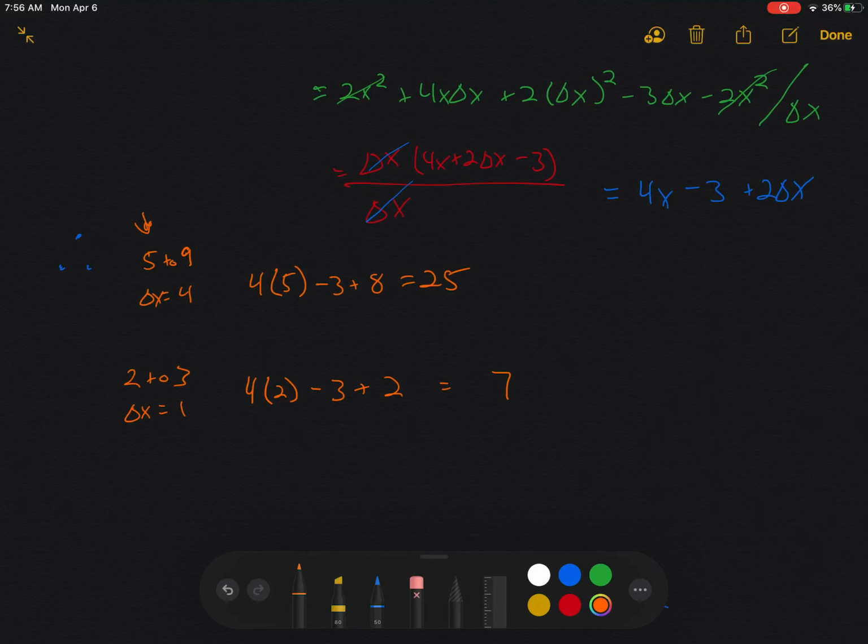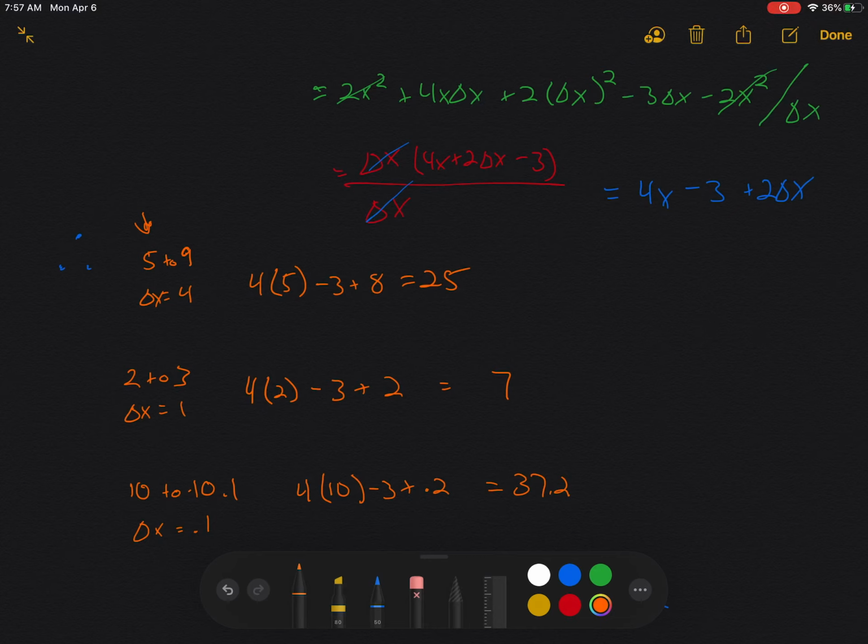If x is going to be from 10 to 10.1, our delta x is only 0.1. So we plug it into our equation: 4 times x1, which is 10, minus 3 plus 2 times our delta x, which is 0.1, so that's 0.2. You get 37.2.